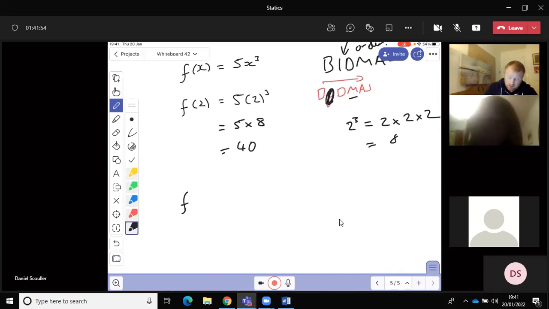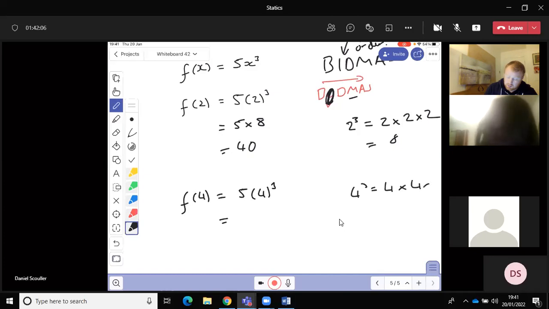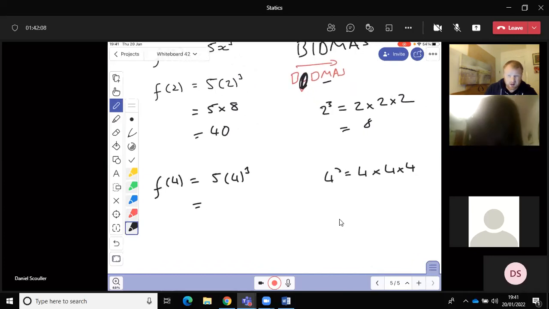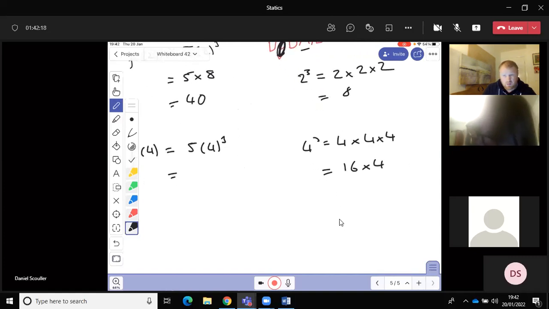Just another one, just to throw it in there so we're comfortable. Something like that you'd be expected to know without a calculator. 4 times 4 is 16, times 4. Remember, you can break that down and make it a wee bit simpler.